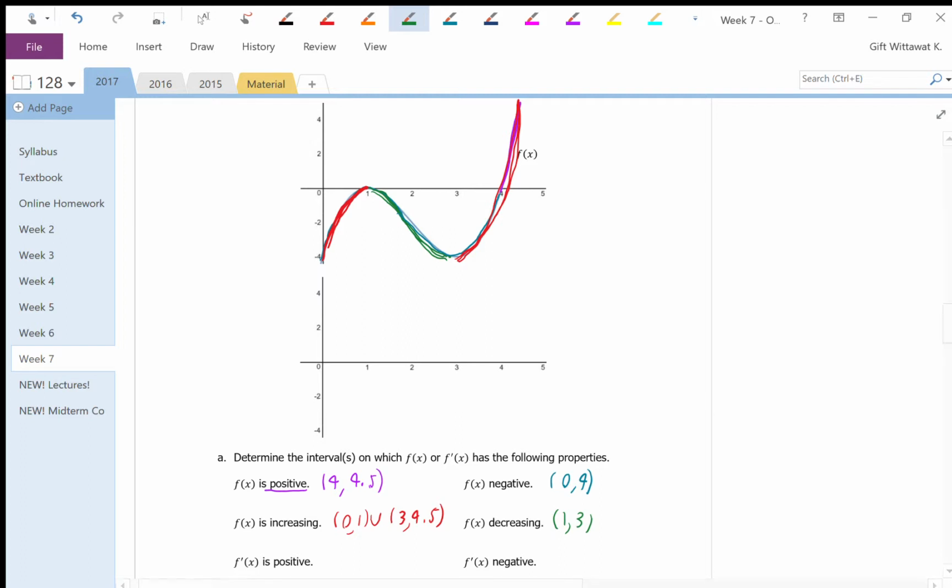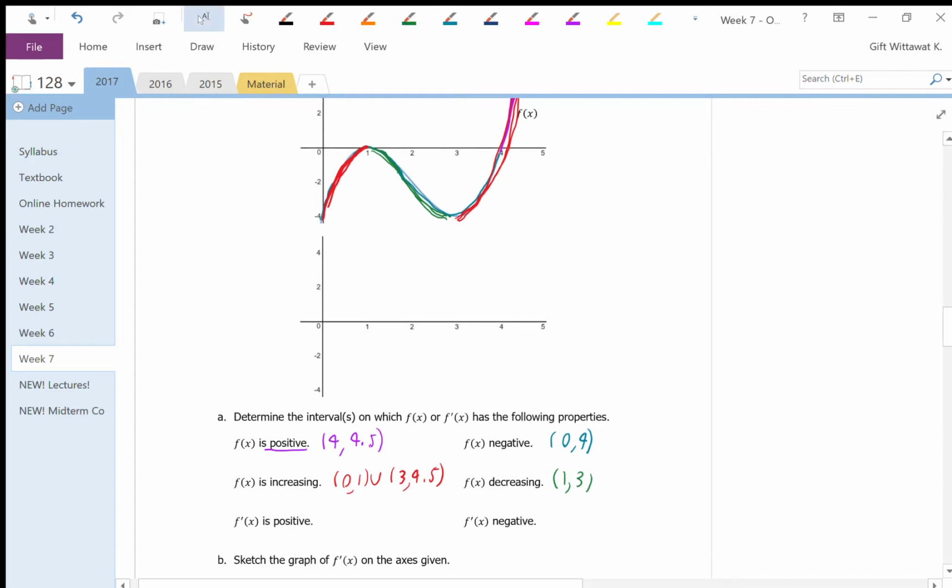So I have the graph, and these are pretty easy to spot. Now I need to know the interval where the derivative is positive.